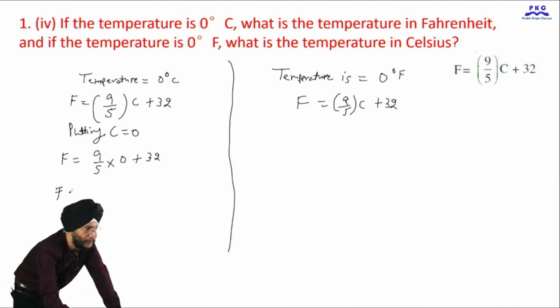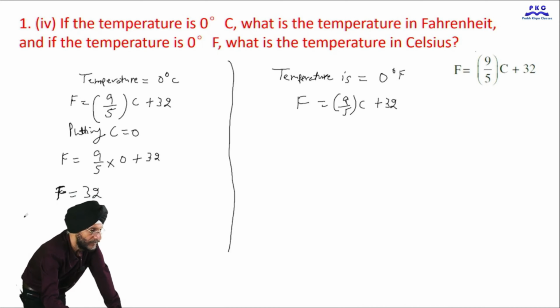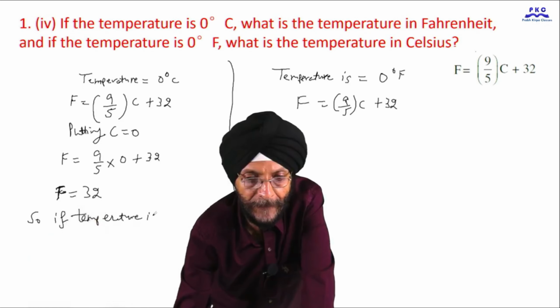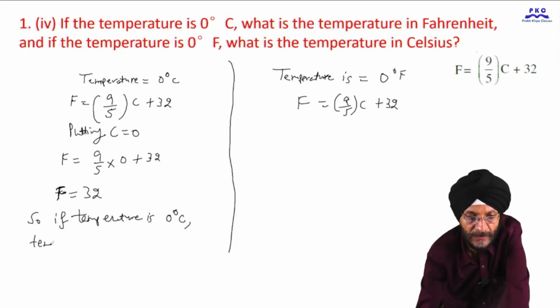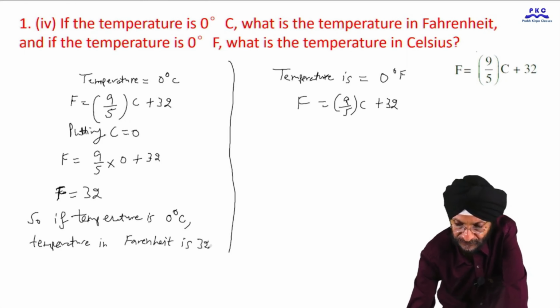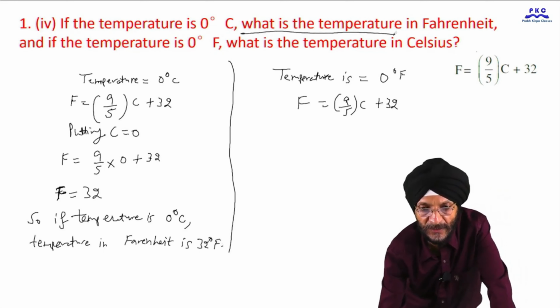So F is equal to 32. So if the temperature is 0 degrees Celsius, the temperature in Fahrenheit is 32 degrees Fahrenheit. This is the first part.